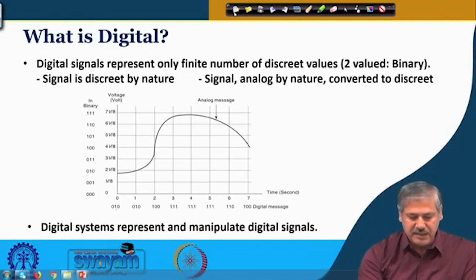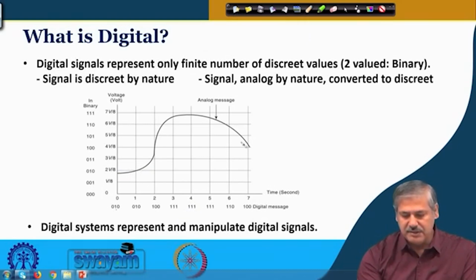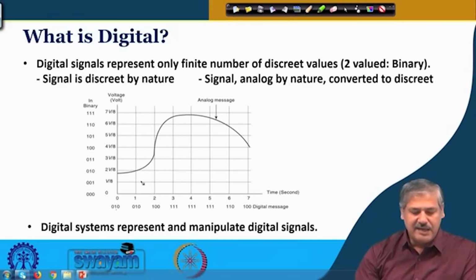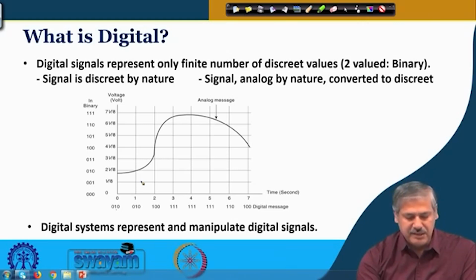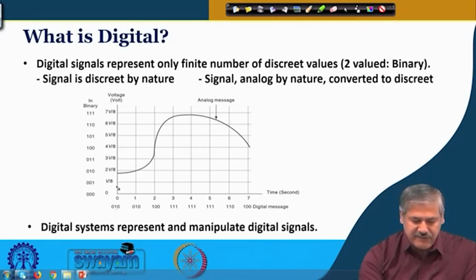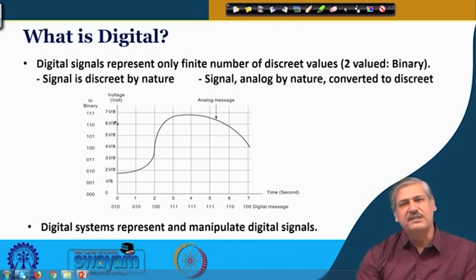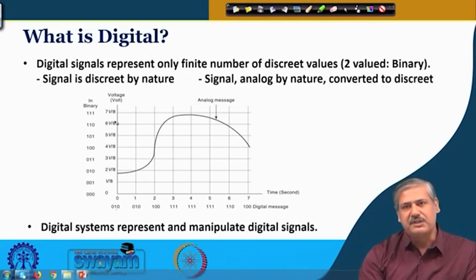So, this is an analog signal, what you see over here, and this signal can take any value. We need to discretize it, and for that we have different levels. On the y axis, the voltages that you see are different levels with which the analog signal needs to be associated. There are no other values available.